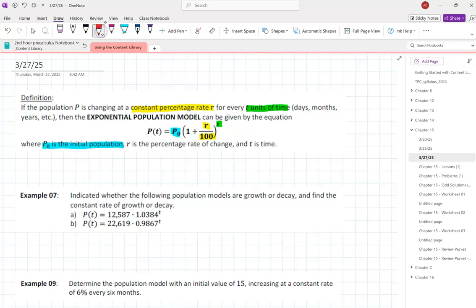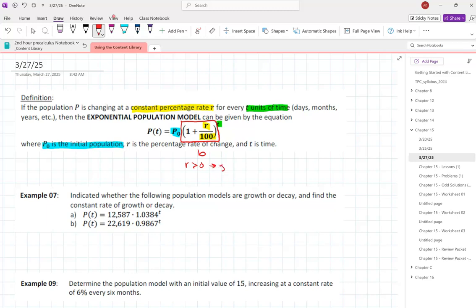So I can tell when a population model is going to be growth or decay, because this piece is my B, right? So if R is positive, 1 plus R over 100 will be greater than 1.